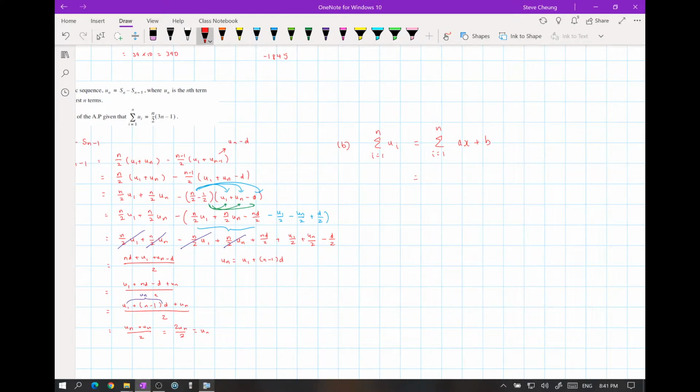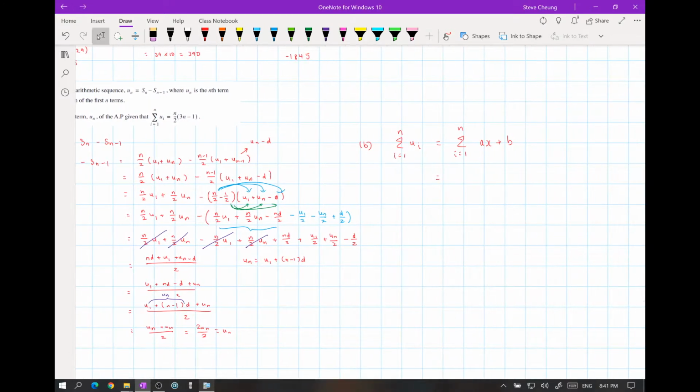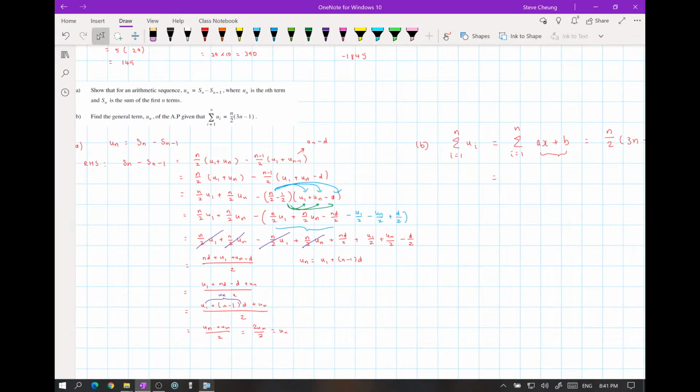Because I haven't taught you how to sum up this, it will be quite challenging. We have to find u sub n given that, right? So we want to find a and b so that that equals n over 2 times 3n minus 1. Maybe you can get some hints from part A. Exactly, yeah.